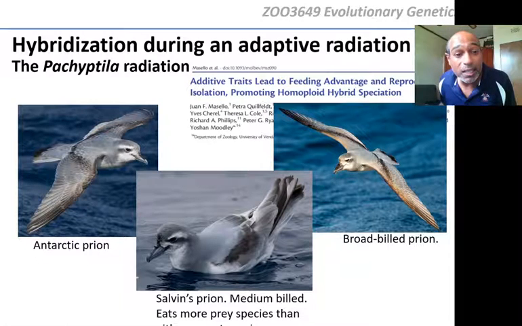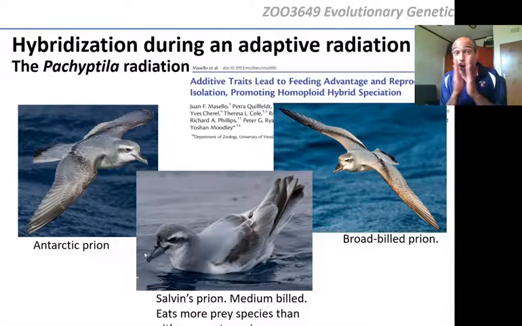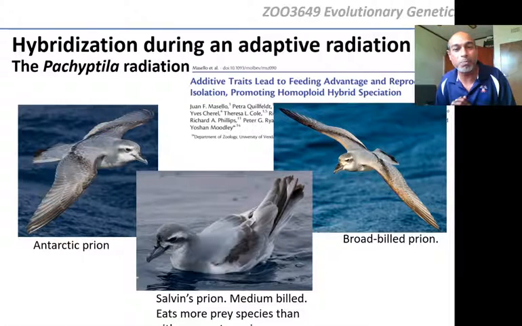It allows it to eat all of these fish that this one can eat, plus it can eat all of the invertebrates that this one can eat because it can filter feed. It doesn't have a narrow bill, it doesn't have a wide bill, but its bill is wide enough that it can filter feed, plus it can eat the fish. So it can eat many more species compared to either of the Antarctic prion or the broad-billed prion.